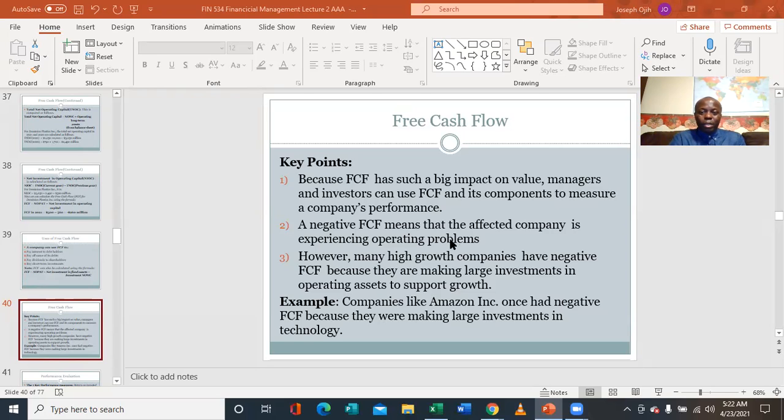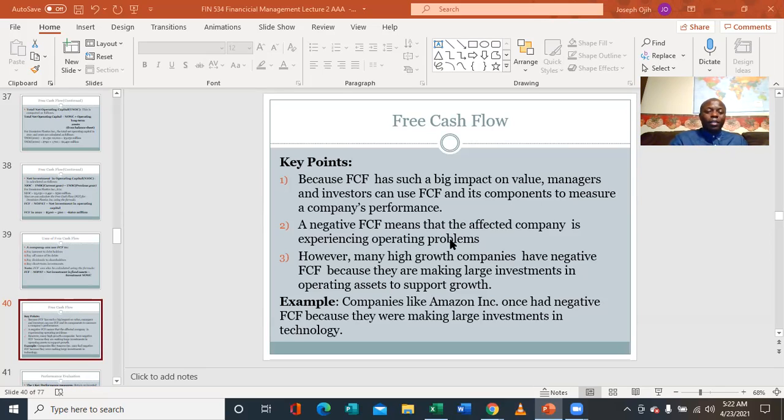But if the company has negative cash flow because they are making large investments in new projects that will increase value in the future, that doesn't mean negative free cash flow is bad all the time. A good example is when Amazon was expanding their operations, investing in a lot of technology, their cash flow was negative at some point. But after those investments, the cash flow has been positive over the years.